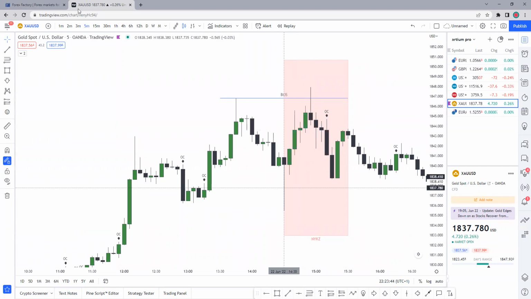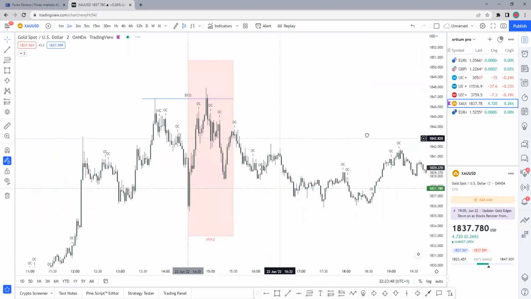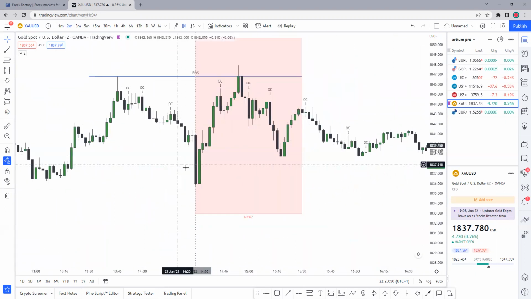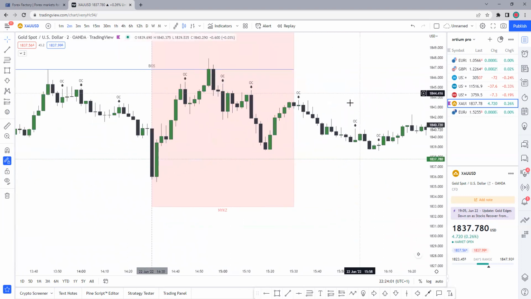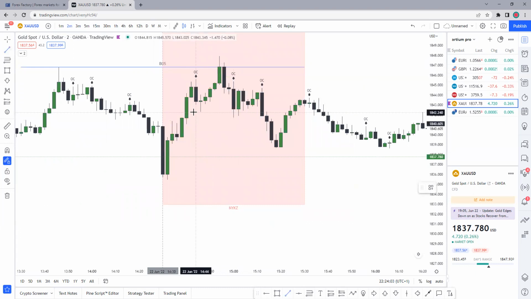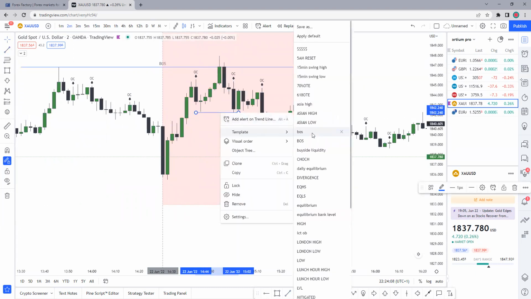What we've got here. Going to the 2-minute. We've seen price expand. We've created a pool of liquidity in this area. We swept this previous candle and expanded to the upside. We've created a change of character in this area.